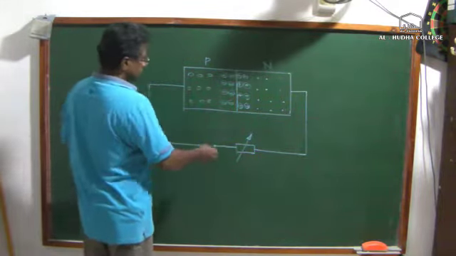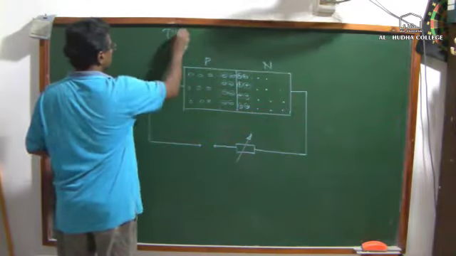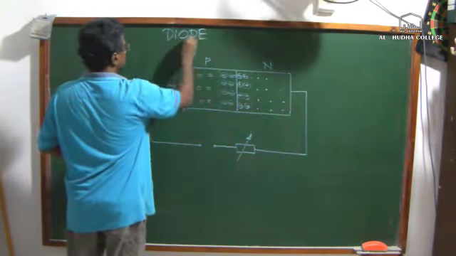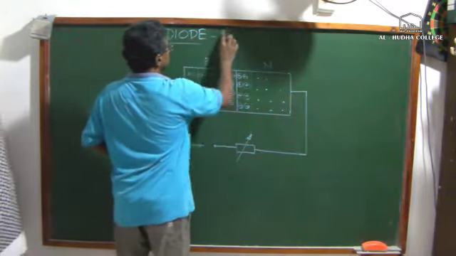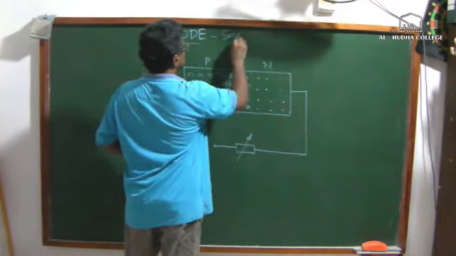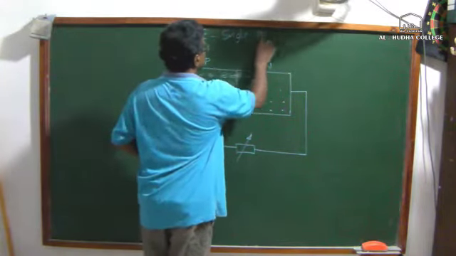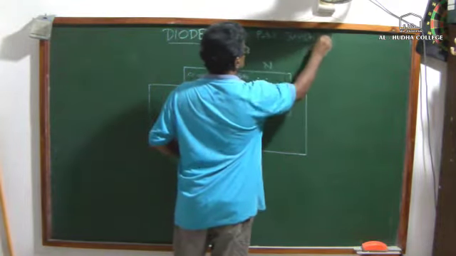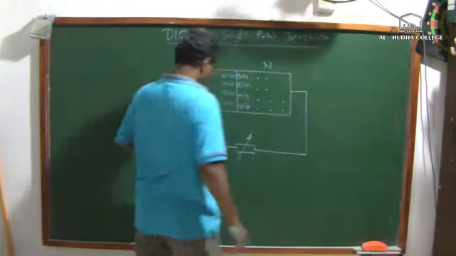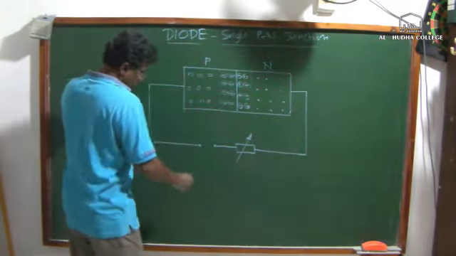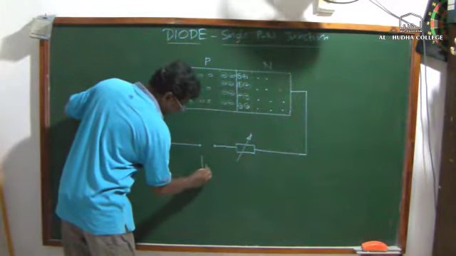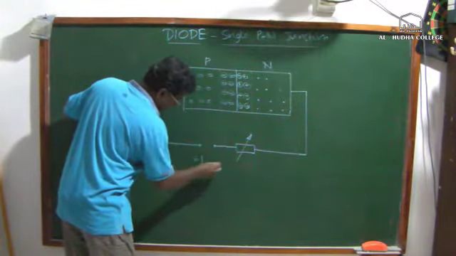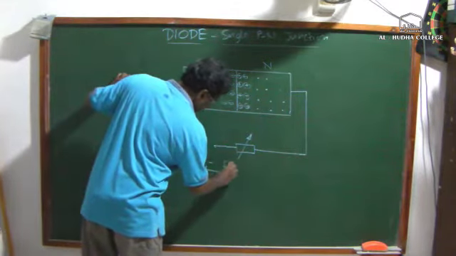So if you summarize, this is the diode. A diode is a single PN junction. If you connect the battery this way, this is called forward biasing.